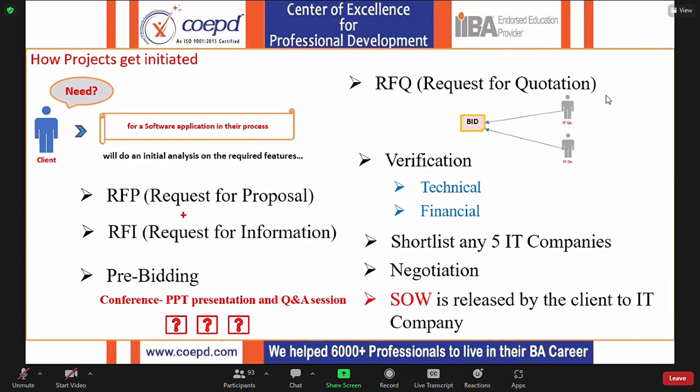But once you want a solution, you're going to address all these modules. A request for information means what is required in terms of an IT solution, that is what an RFI is. And it is going to be addressed by a subject matter expert or an IT company who has that experience. Got it?